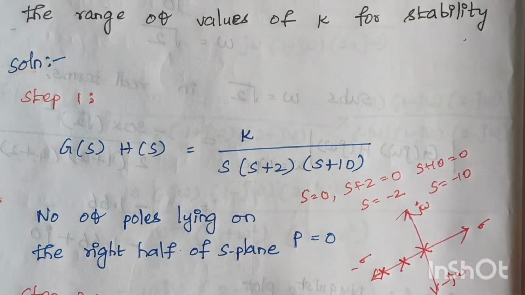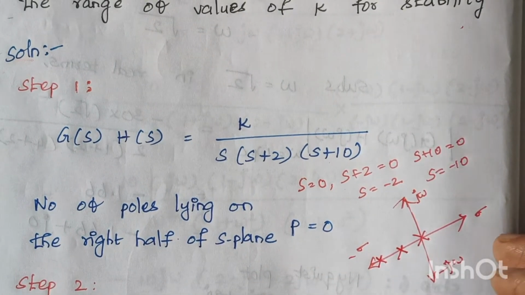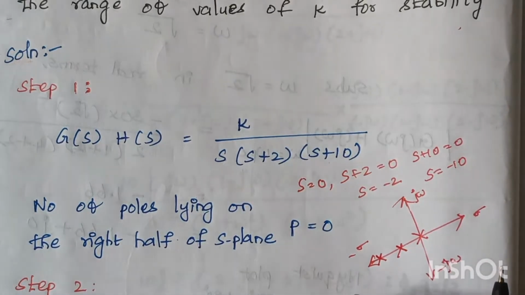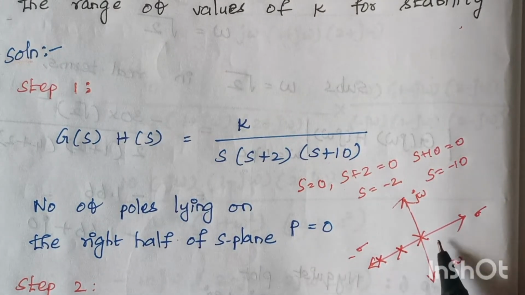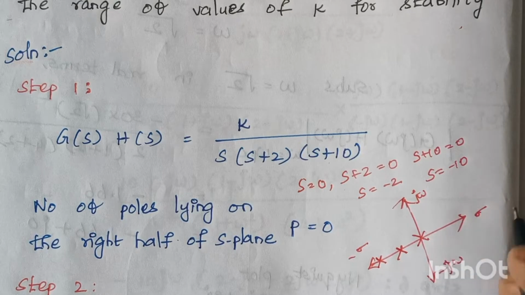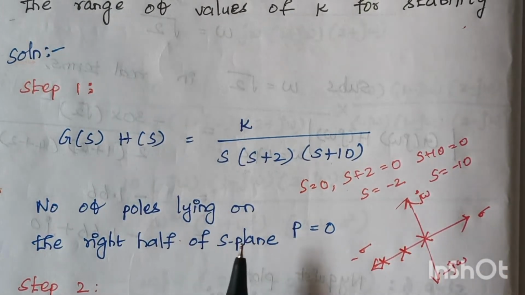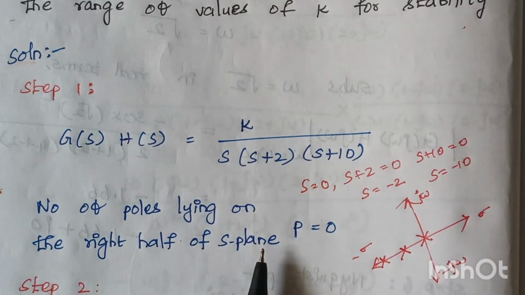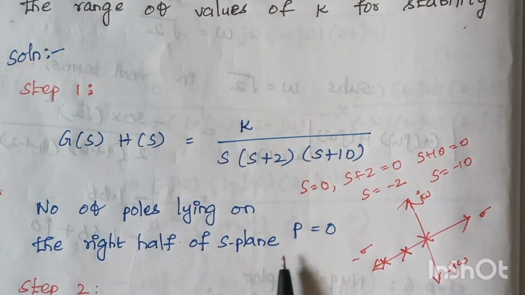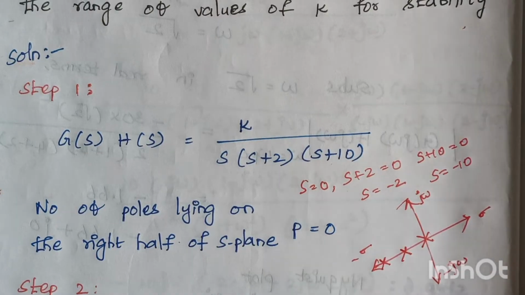All the poles are lying on the left half of the S-plane. There are no poles on the right hand side. So the number of poles lying on the right half of the S-plane is 0. This is our first step.